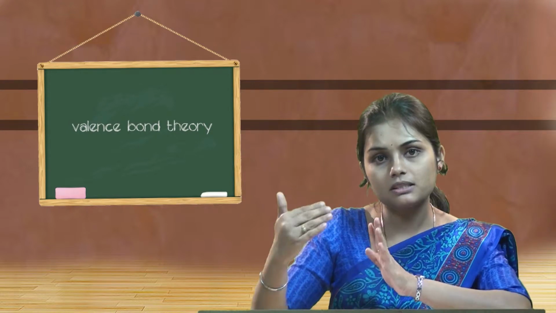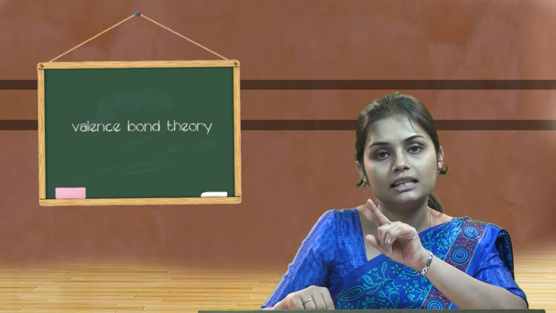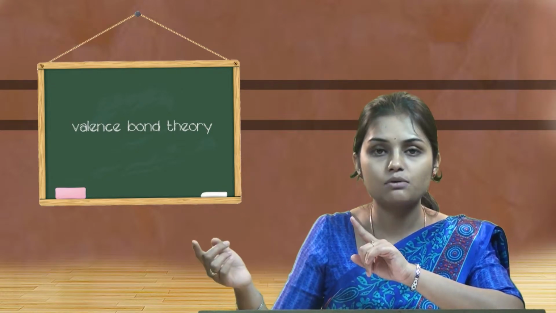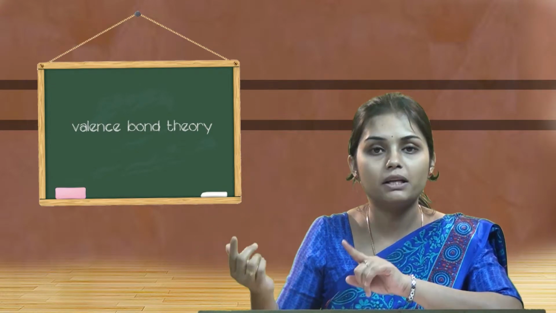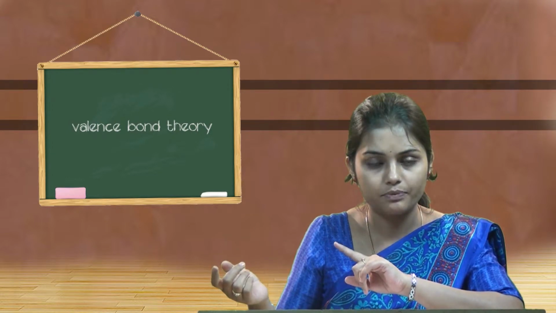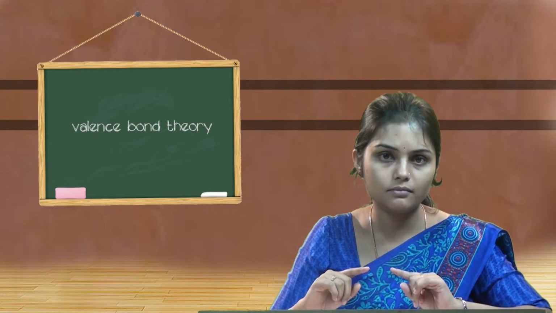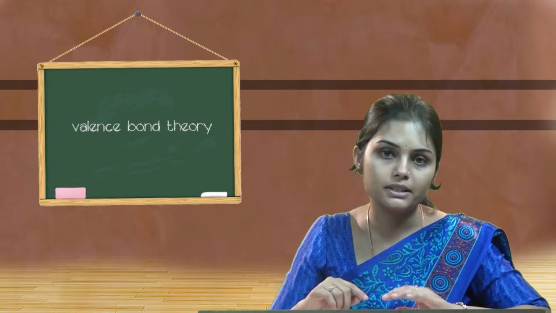Whenever the complex contains a weak ligand, it always leads to the formation of high spin complexes and outer orbital complexes. They are interconnected to each other. That is about postulate number 3.